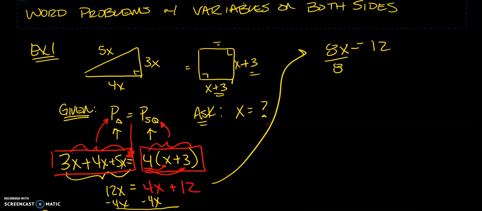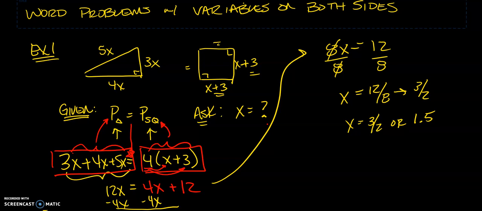I'm going to divide both sides by 8 because I'm not solving for 8x, I'm solving for x. And that gives me x equals 12 over 8. Both of those are divisible by 4, right? So that's 3 halves. So x equals 3 halves or 1.5. And we'll just say that's 1.5 units.